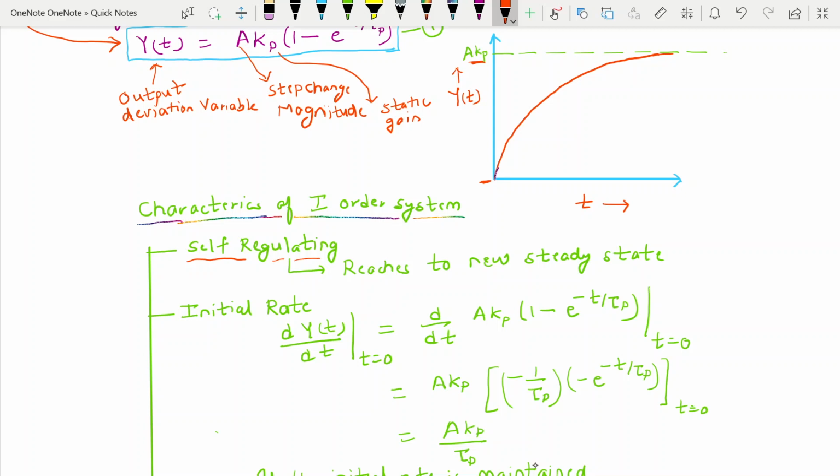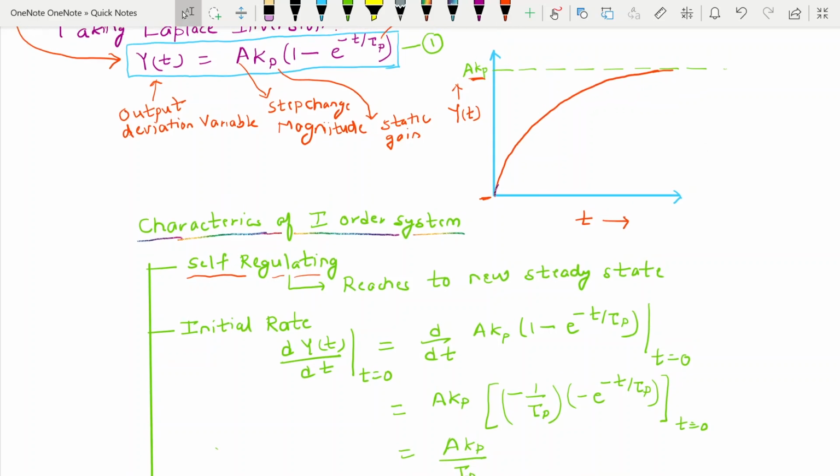That means if you are giving some change to the system, so my response will get a new steady state. That means earlier the response was at this place, and when we give the change the response reaches here. Okay, so एक नई स्टडी स्टेट को अटेन कर लेता है.